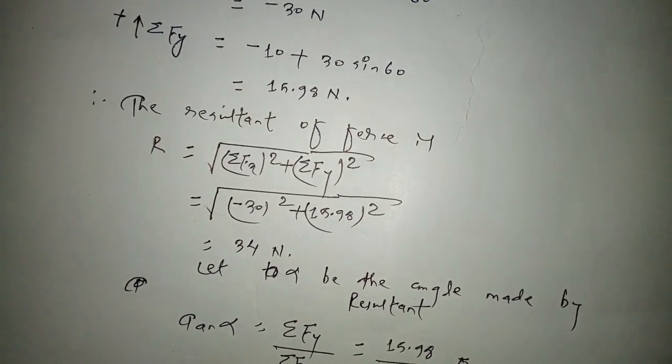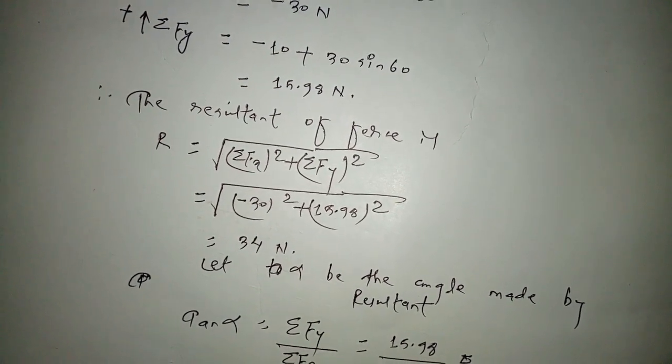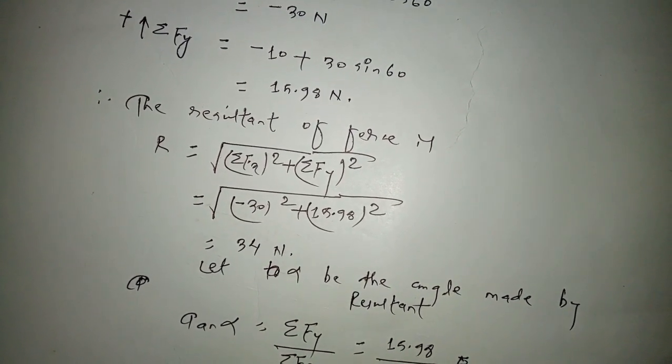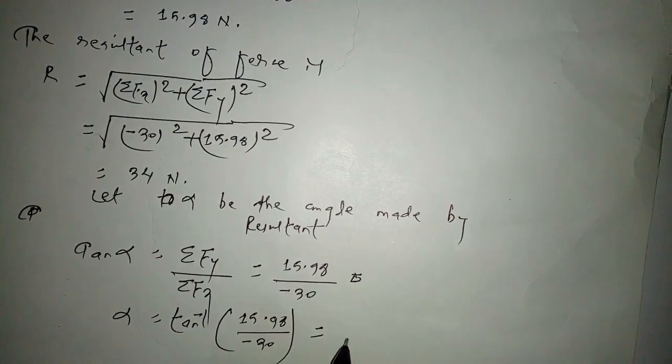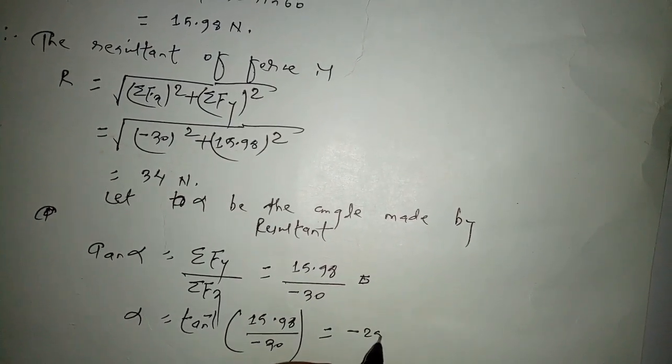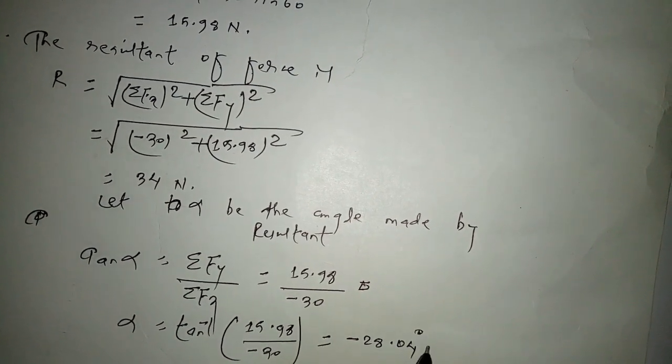Alpha is equal to tan inverse of 15.98 by minus 30, and I got the angle as minus 28.04 degree.